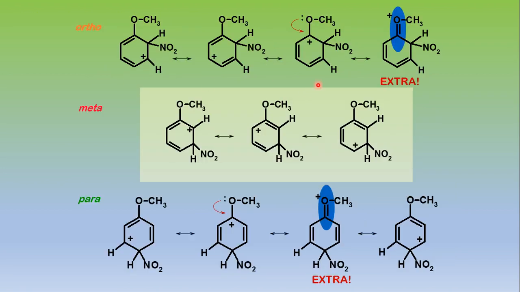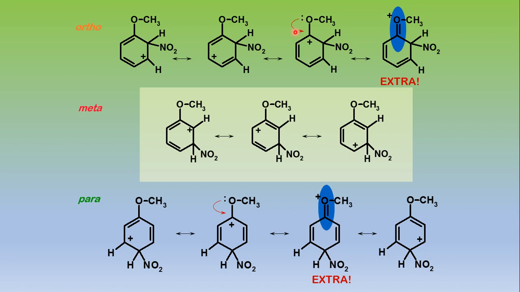Now these are the different resonating structures of the intermediate. In this ortho intermediate, we get a plus charge at the meta position and similarly at the ipso position. Up to this, we get the same resonating structures as in the case of toluene. But see, this lone pair is in conjugation with this positively charged carbocation.